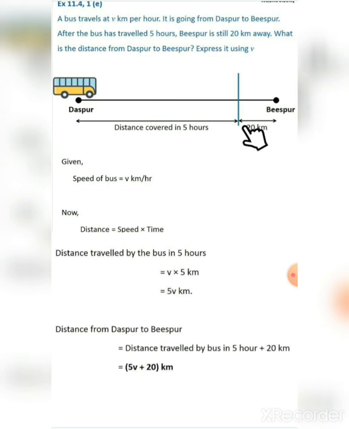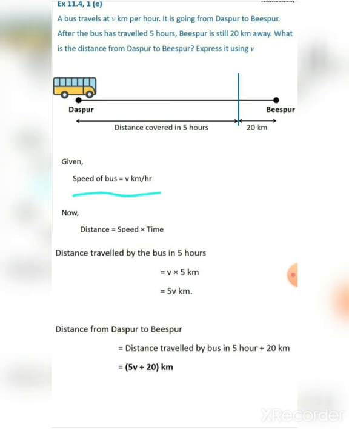After that also it has to travel 12 kilometers, then it will be reaching its destination, that is Bispur. Now we'll be starting with the solution of the question. It is given here that speed of bus is V kilometer per hour.